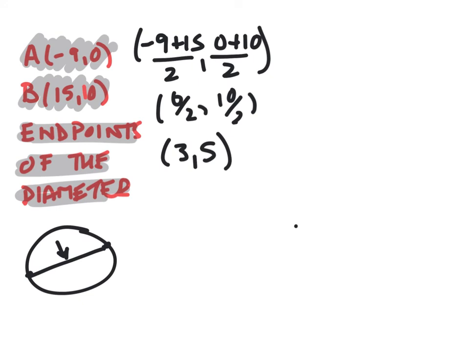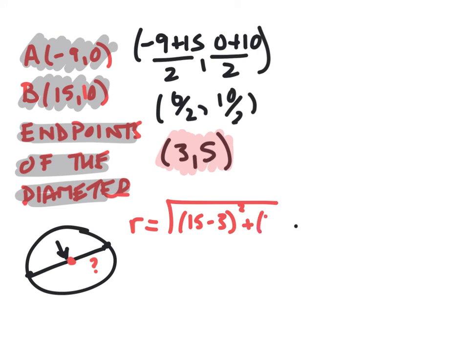Now we're ready to start, right? We have finally our center at 3 and 5. So let's do what we've done before. We're also missing the radius, aren't we? Let's calculate our radius. Our radius is the distance from one of the points to the center, so I'll do the 15 minus the 3 and the 10 minus the 5.